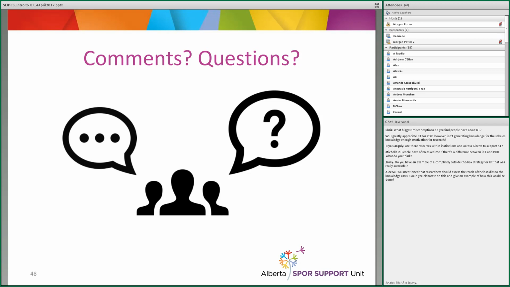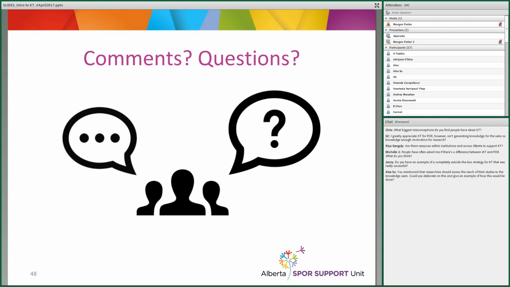Well, I agree that we should still have that curiosity-based research and knowledge for the sake of knowledge. But if nobody's actually going to use that knowledge, is it then knowledge? If it's not being shared and utilized, and it's just sitting on a shelf somewhere, it might be a great piece of information, but it's not valuable until it's actually used.